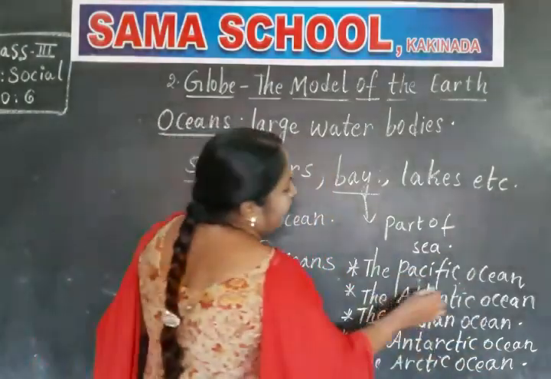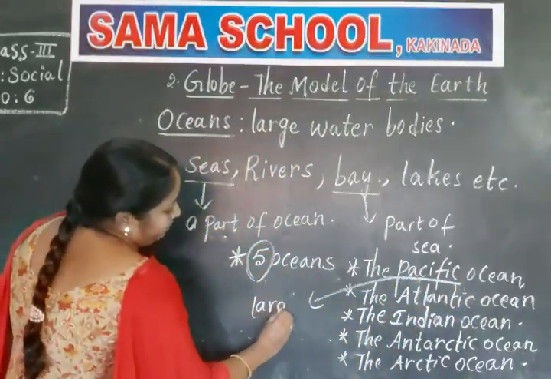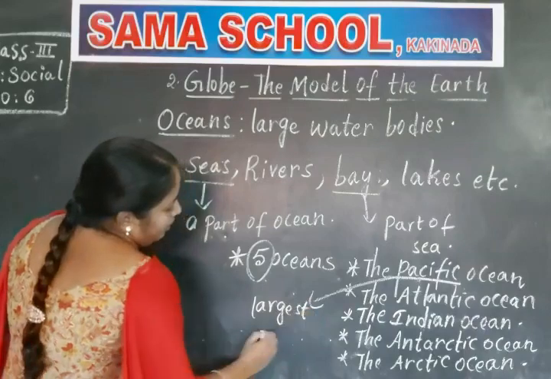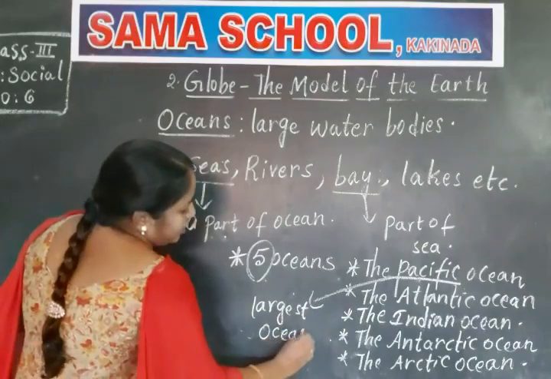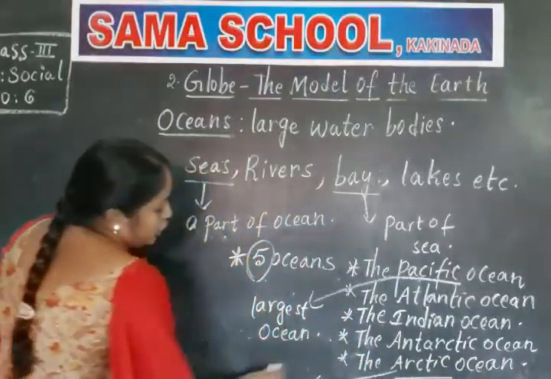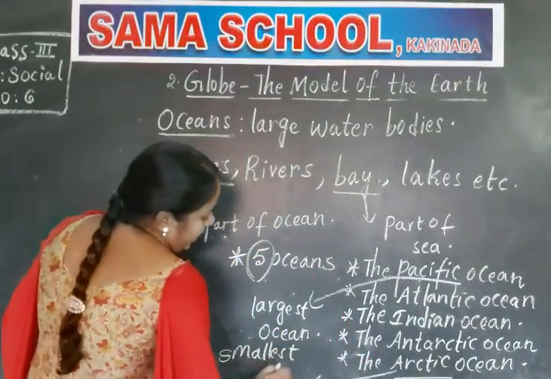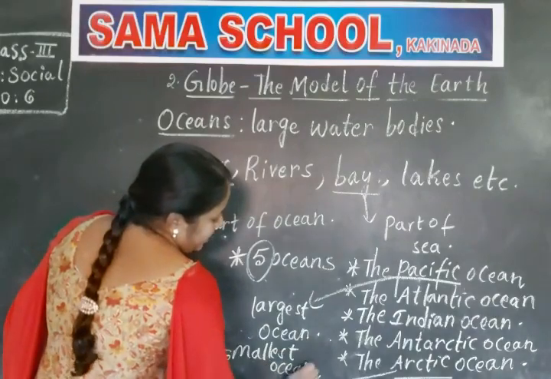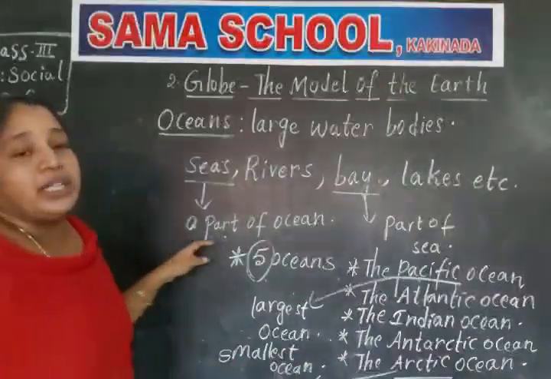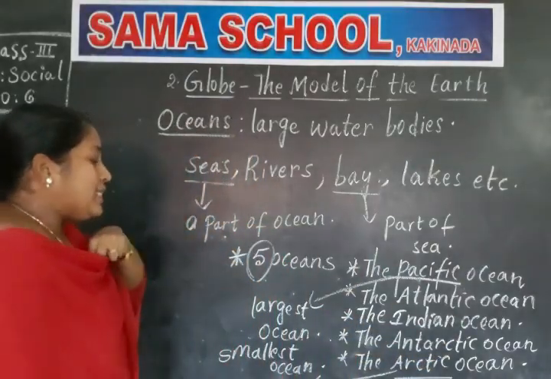Among these 5, Pacific Ocean is the largest ocean and Arctic Ocean is the smallest ocean. Which is the largest ocean, children? Yes, Pacific Ocean is the largest ocean. And what is the smallest ocean? Arctic Ocean is the smallest ocean.